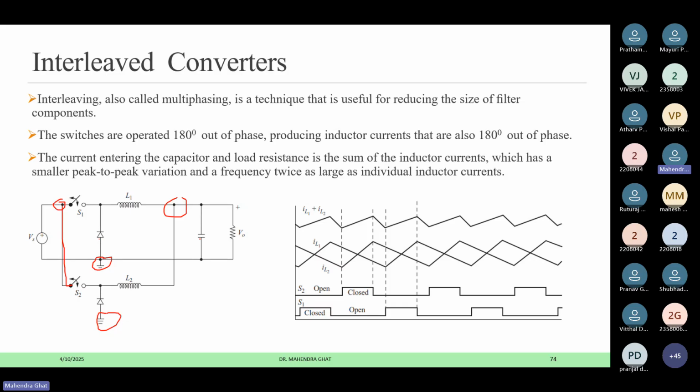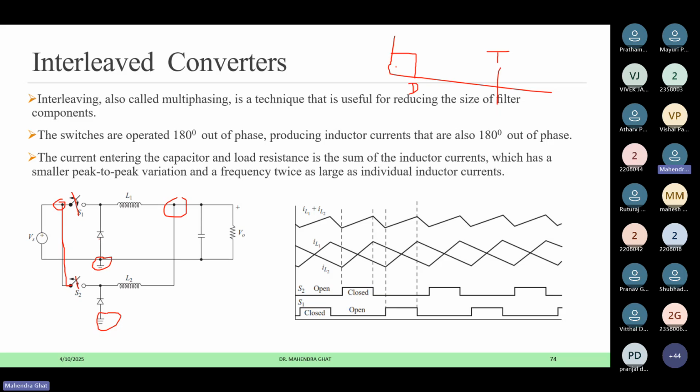But one trick is used such that this switch and this switch will not operate at the same time. They will operate 180-degree phase shifted. What does 180-degree phase shift mean? Suppose the time period is T, and one switch turns on here, and this is the duty D for the first switch.